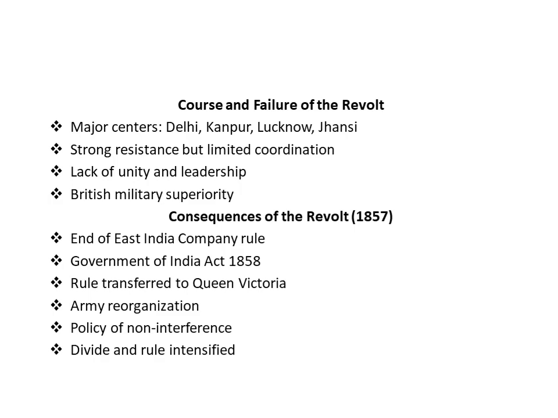The army was reorganized to prevent future revolt, and the British promised not to interfere in religious matters. However, they also strengthened their divide and rule policy to prevent unity among Indians. And these changes helped the British to strengthen their control even more.